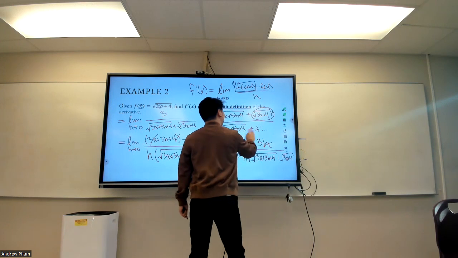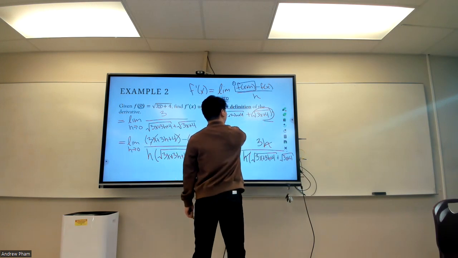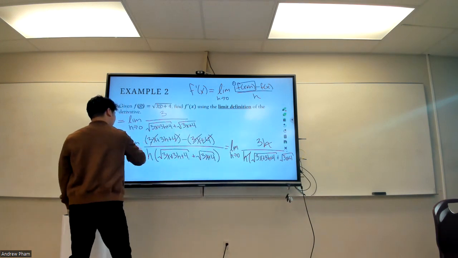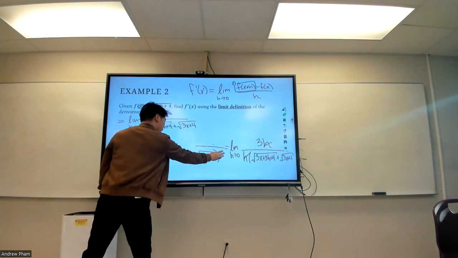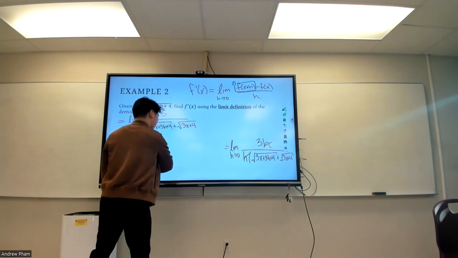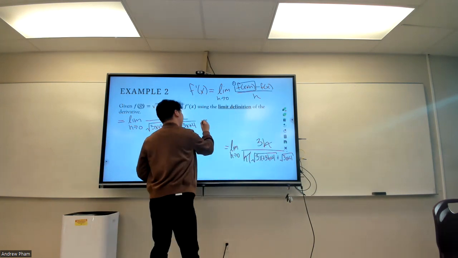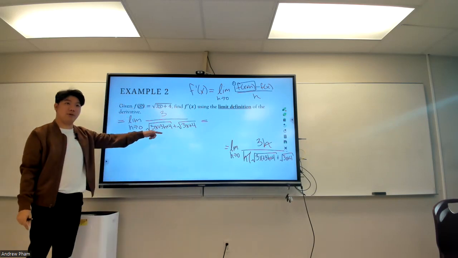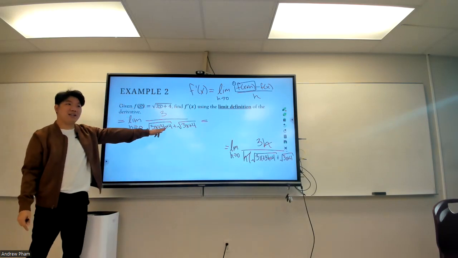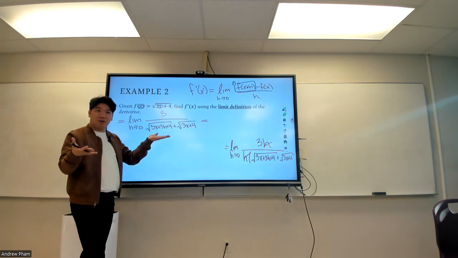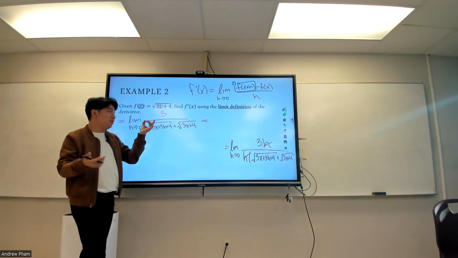So if I plug in h equal to 0, not much of this is going to look like it changed. Plugging in h equal to 0, well, there's only one h right here. Obviously, if I do 0 times 3, I get 0.